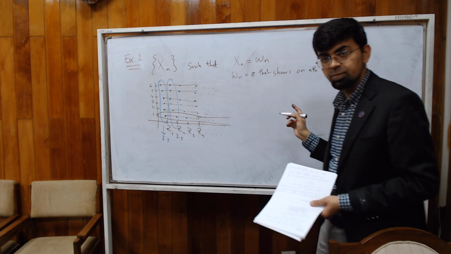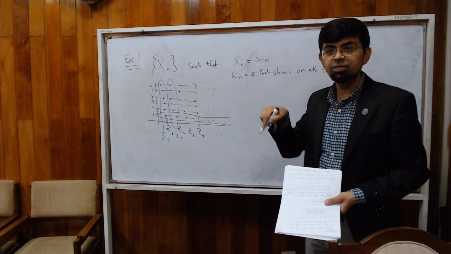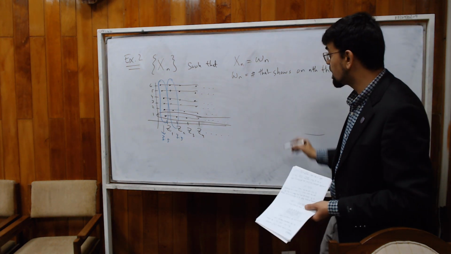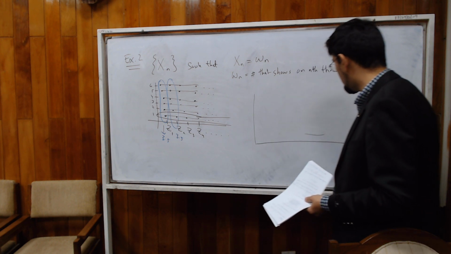This is different now. In the previous one we locked it to the first throw. So now what do the realizations of X look like?